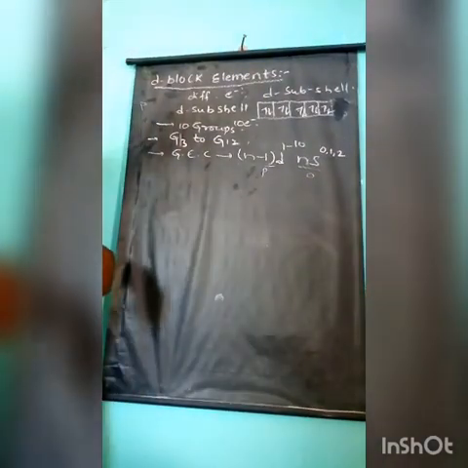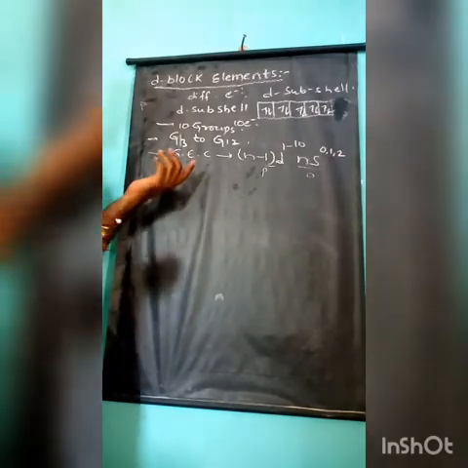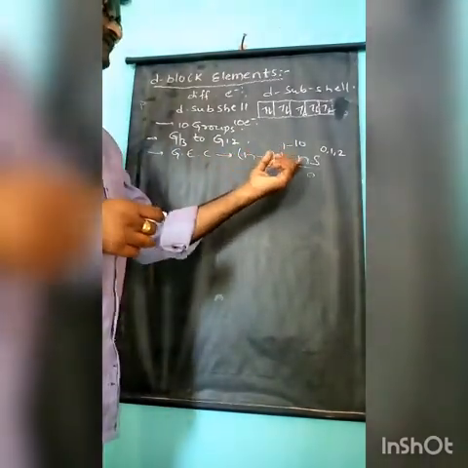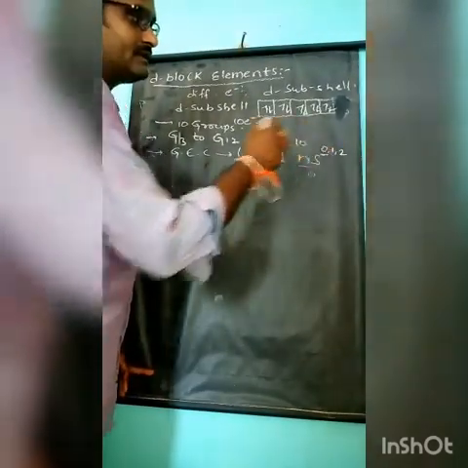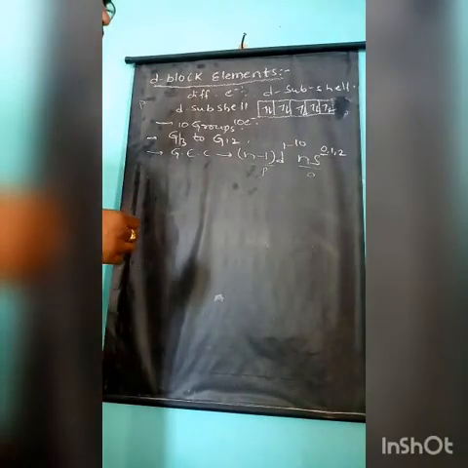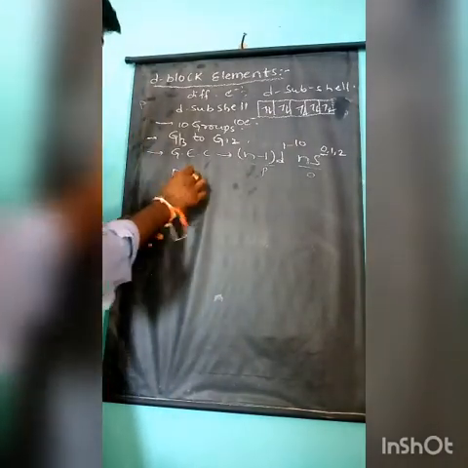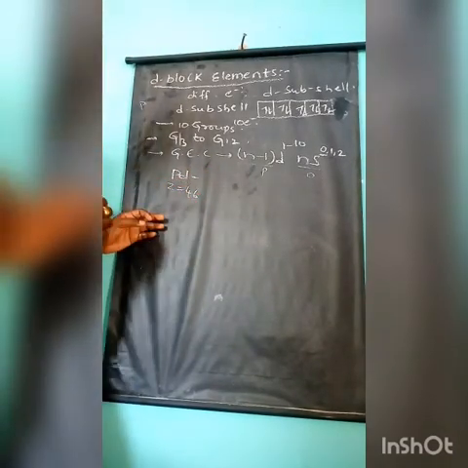These elements' general electronic configuration is (n-1)d1 to 10 ns0,1,2. Some elements are exceptional and have ns0. Suppose you take palladium, its atomic number is 46.